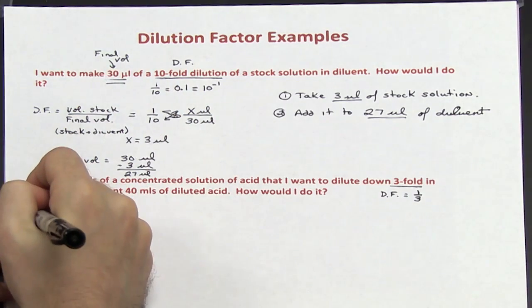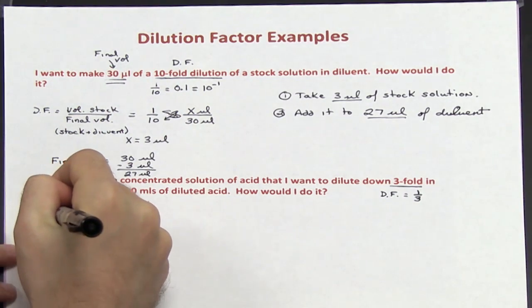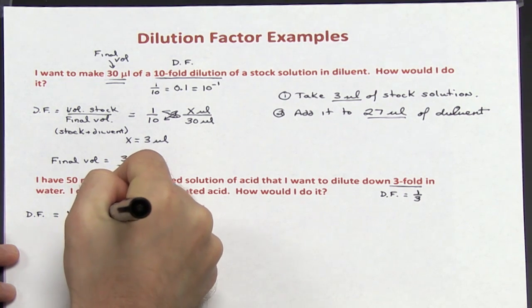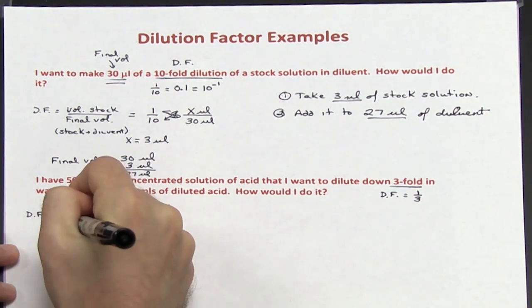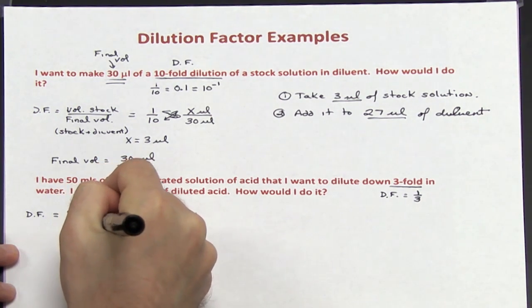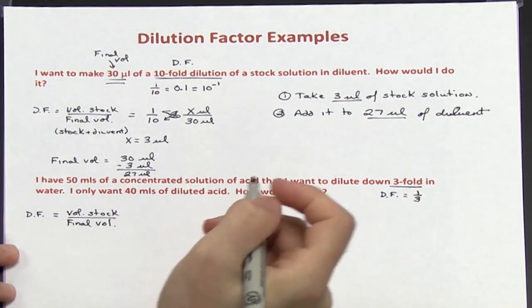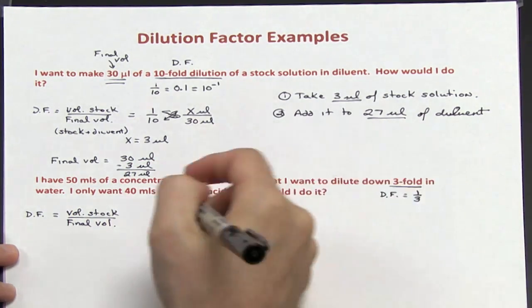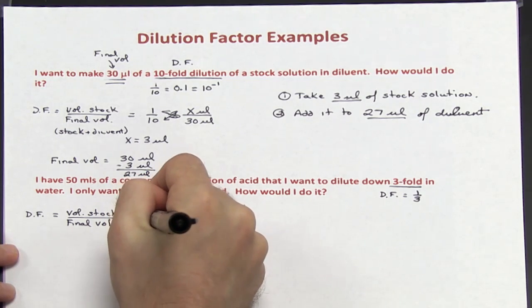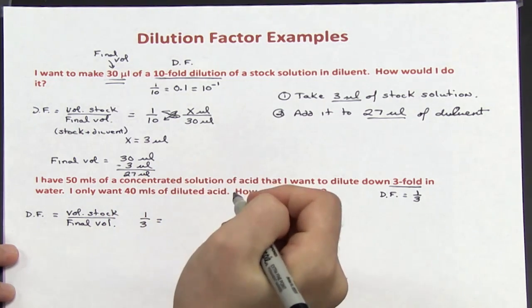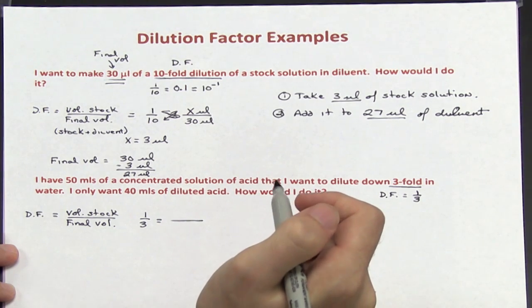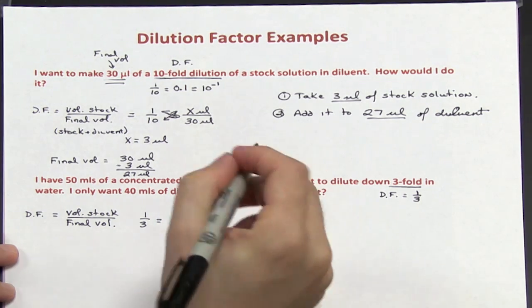I set up my formula again, dilution factor, which is equal to the volume of stock divided by the final volume. Well, I know that my dilution factor should be 1/3, so that means that 1/3 is going to equal, now I need to figure out what my final volume is.